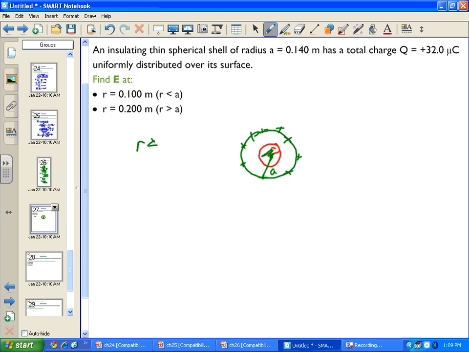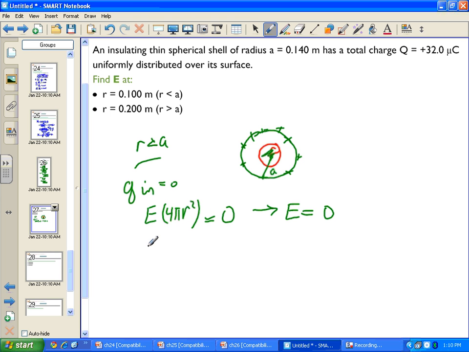So when R is less than A, we see that Q in is 0. Well, using Gauss's law, if the right side is 0 and 4 pi R squared, which is the area of the Gaussian surface, can't be 0, it must mean that E has to be 0, because something times something which is not 0 is itself 0.